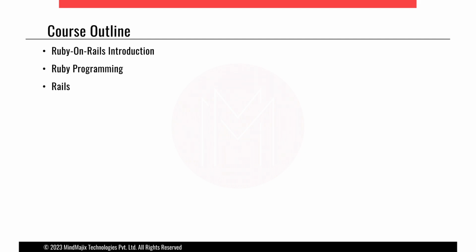Now we'll see the course outline. The ROR course is designed in three parts. First is Ruby on Rails introduction and installation, then Ruby programming from basic to advanced concepts, and then Rails: the MVC structure and ORM, which is object relational mapping, and views, templates, then mailing concepts and gems, where to use them, how to connect, and how to create a project using gems, and also scaffolding.